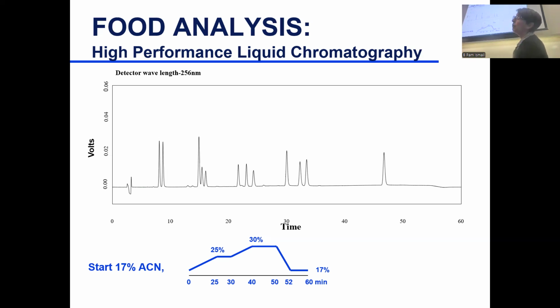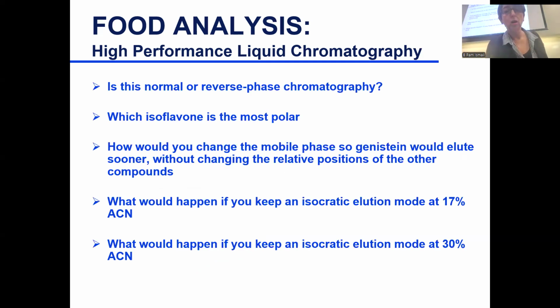So taking more time on the column than they need to. And some of the peaks will broaden, especially those in the middle. And we might lose separation. Okay. And longer elution time. We don't want that. We don't want more time for analysis for sure.